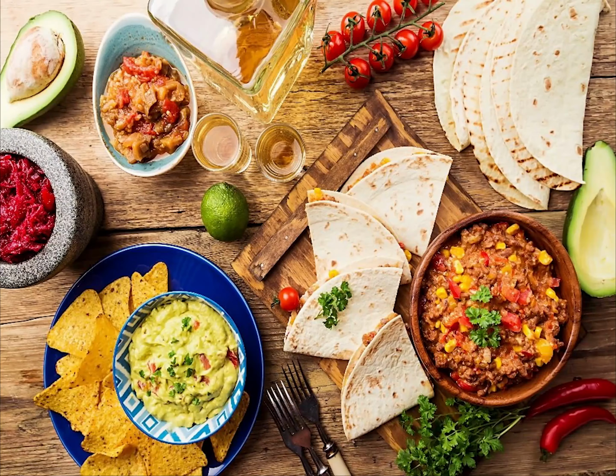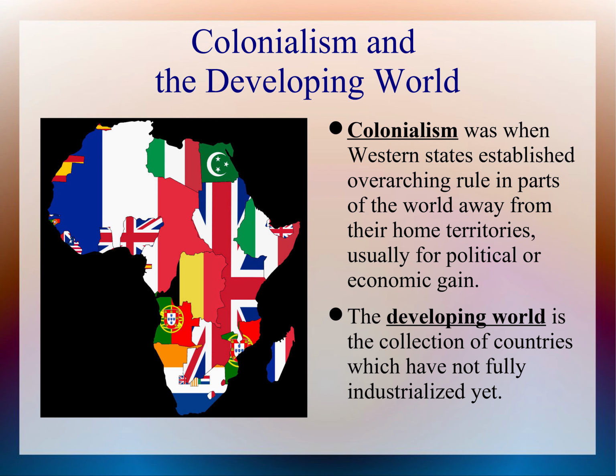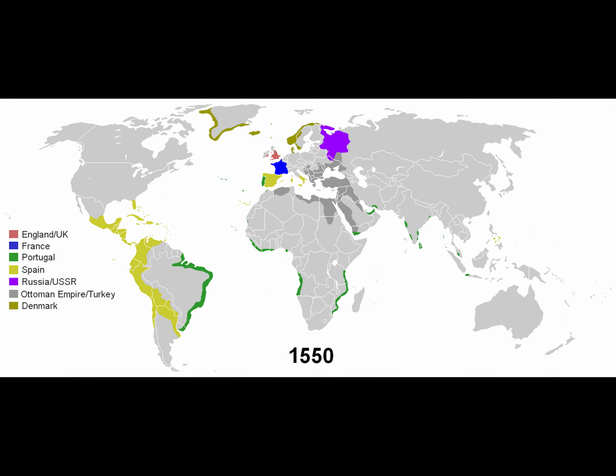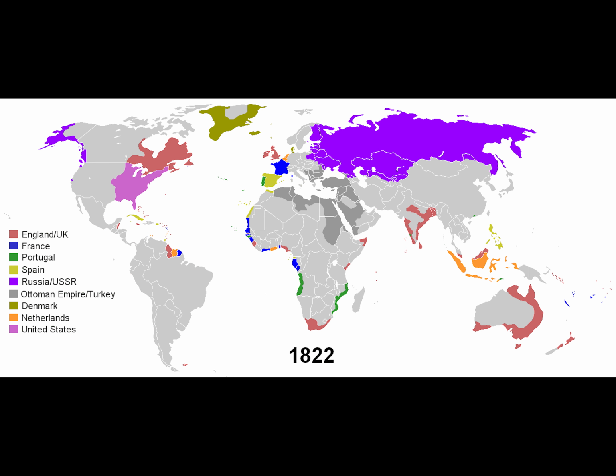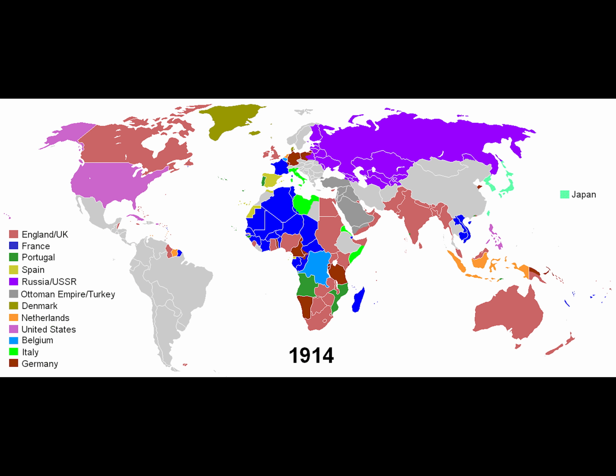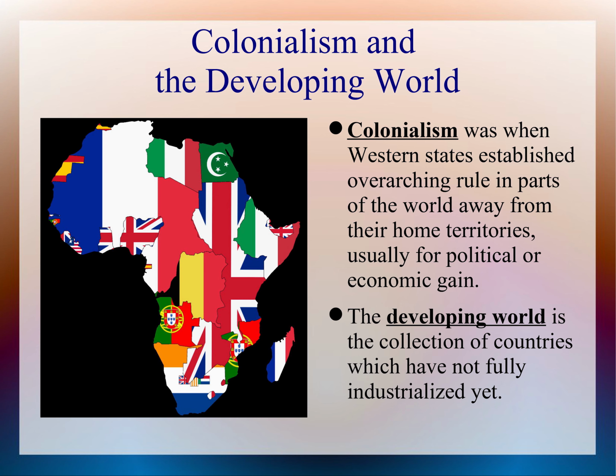A great deal of cultural diffusion occurred because of colonialism. Colonialism was, and to a certain extent still is, a process in which Western or dominant states basically owned other territories and ruled over them. And sometimes it went well, but most of the times it went really, really poorly. By the way, you'll also hear me use the term developing world a lot, or sometimes underdeveloped world.